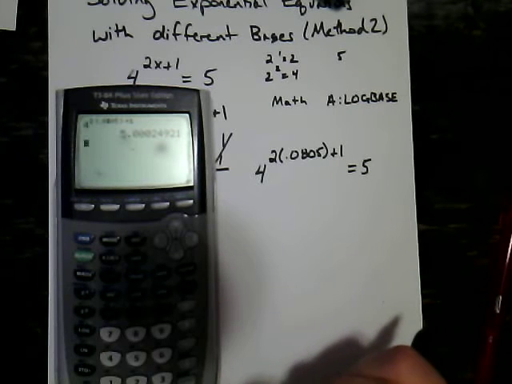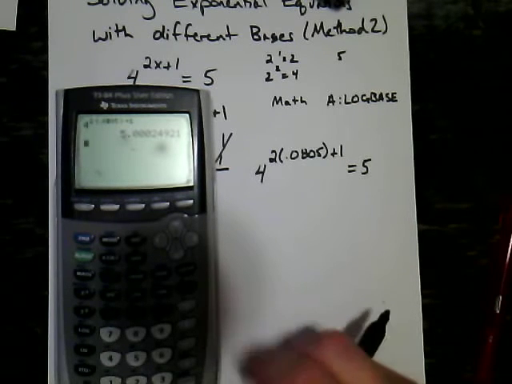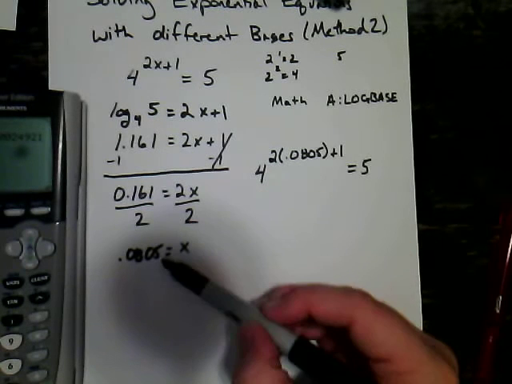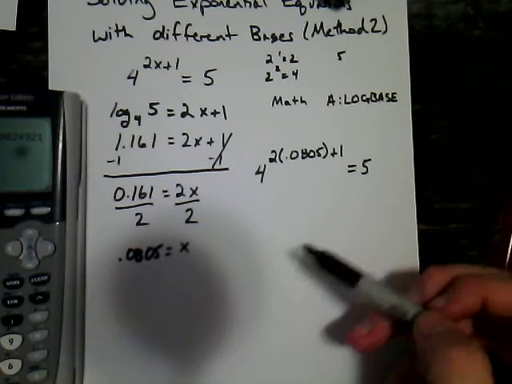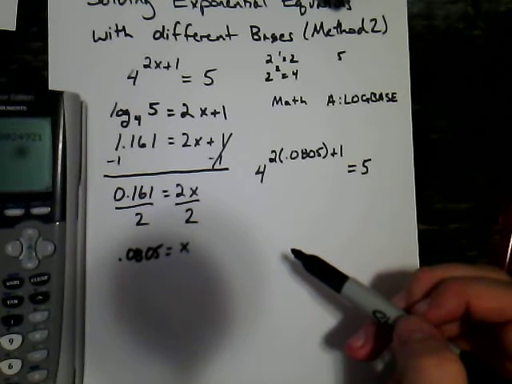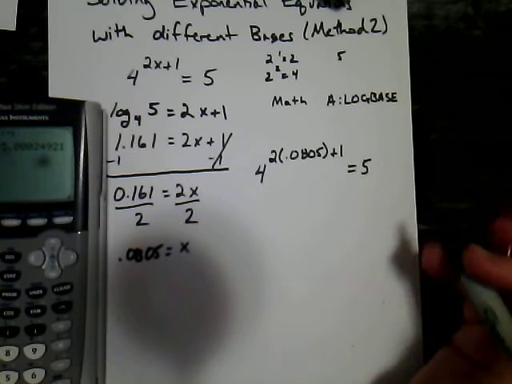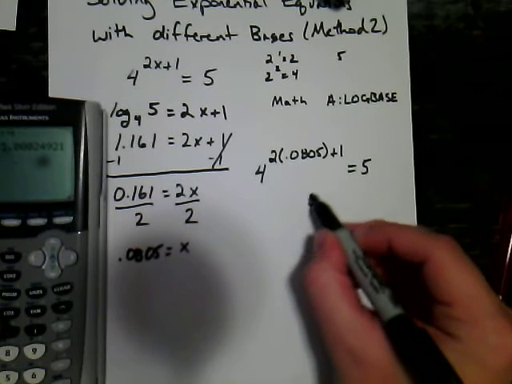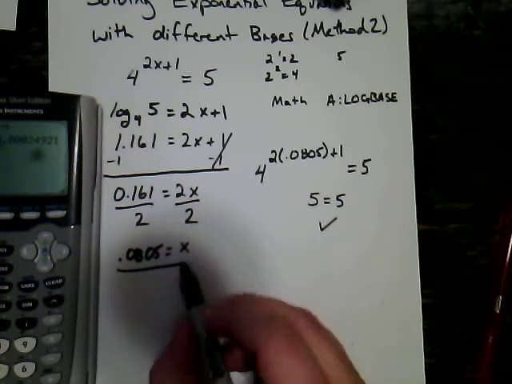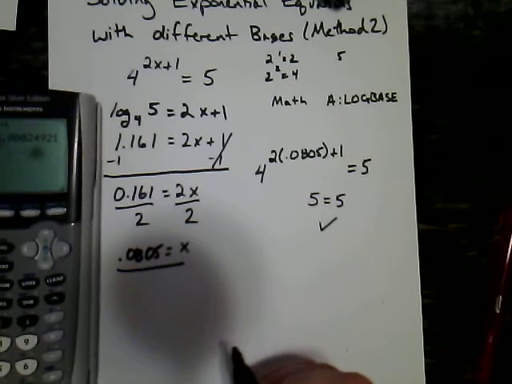So it's not exactly 5, but the reason for that is because back here we rounded this number. With rounding both of those numbers, it's not going to be exact. But we got 5.000 with a little bit of stuff after that. That's close enough. So we essentially have 5 equals 5, and our answer would be correct that x equals 0.0805.